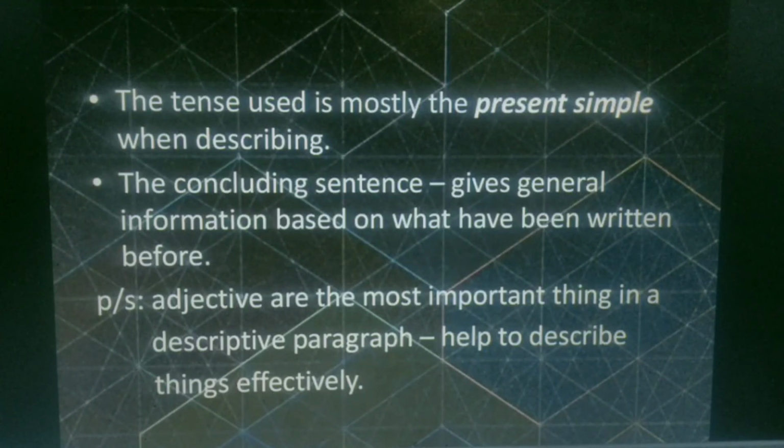Tense should be simple present tense. Conclusion should be about the general information, and the most important thing is adjectives so that you can describe the thing, event, person very effectively.